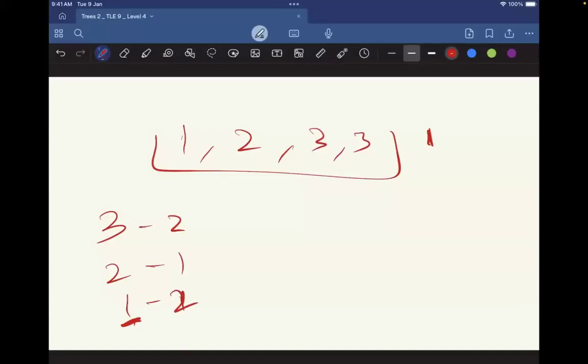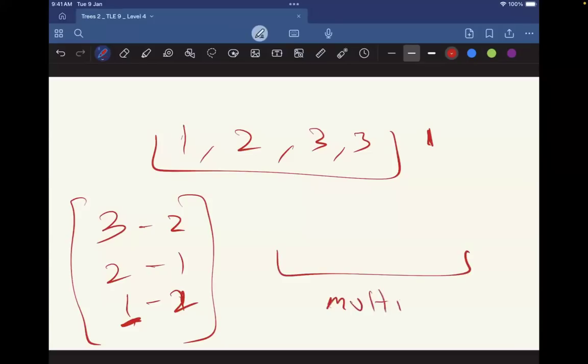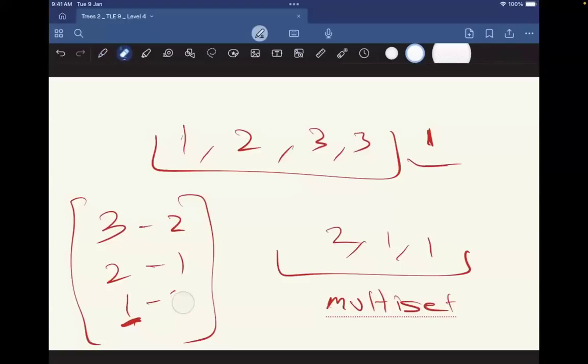I can store these frequencies in a map, but I want to know what is the max frequency. So to store the max frequency, I can just use a multiset. Now, how do I use my multiset, guys? Initially, it is 2, 1, 1, because I have not added this element yet. And the frequencies right now are 2, 1, 1. So all the frequencies are put in a multiset.